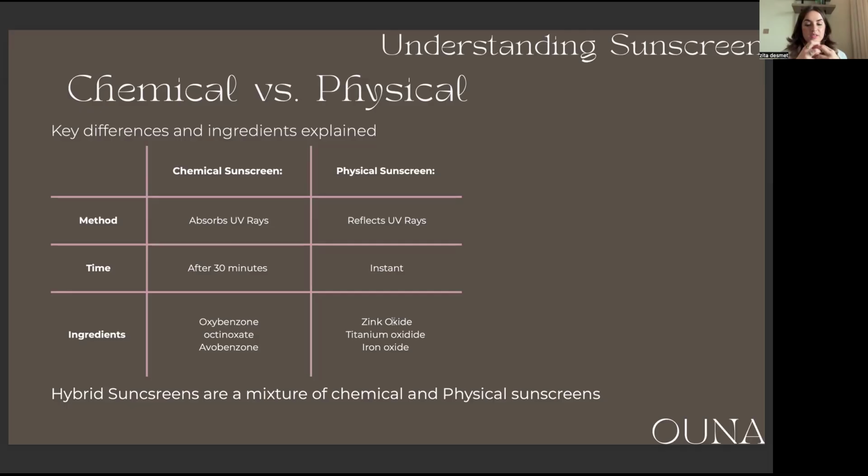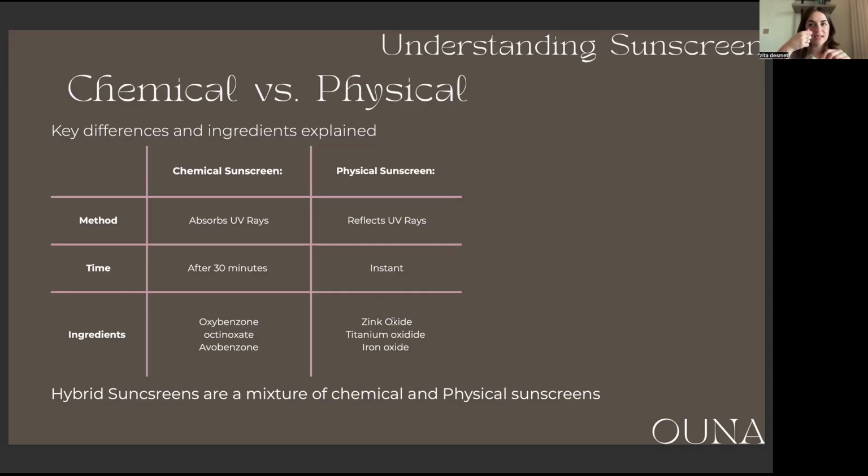So when it comes to skin longevity, physical sunscreen is a pro, as it works instantly and does not transmute heat into your body, so you get less oxidative stress. Those ingredients are titanium oxide, iron oxide, and zinc oxide.